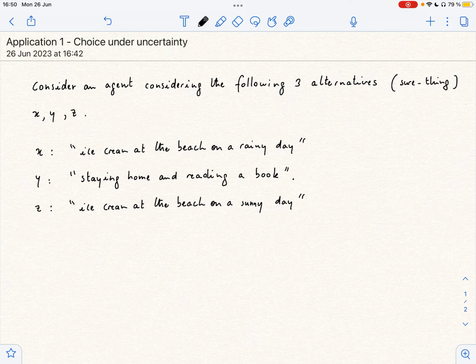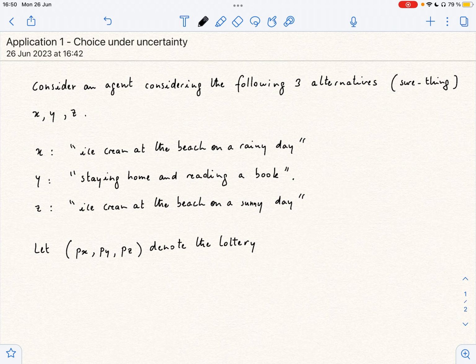Okay. So we're going to denote as px, py, and pz a lottery over these three alternatives. Okay, and what does this lottery mean?